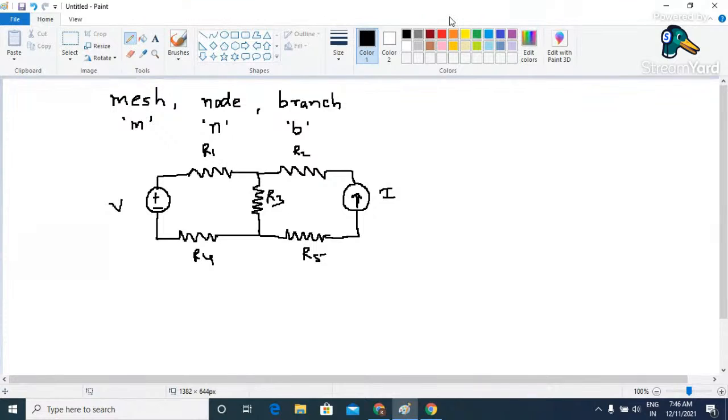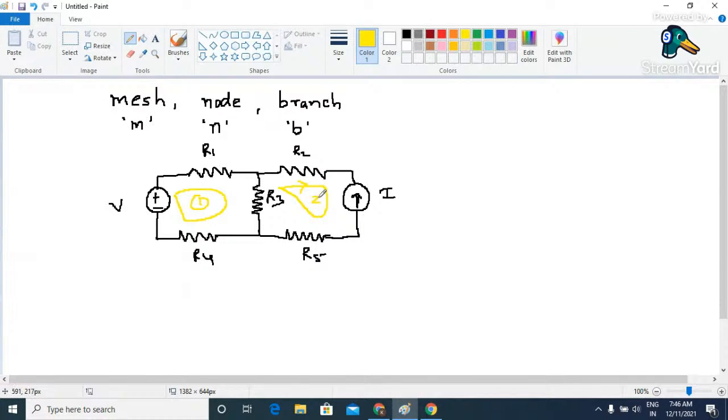So what is mesh? Mesh is nothing but the smallest closed path available in a given structure or circuit. In this particular structure, we have three closed paths. If you start from this voltage source, we will complete our path and reach back to the voltage source through this. So this will be your first closed loop. In the same way, if we start our journey from this resistor, say R3, we will come back to resistor R3 like this.